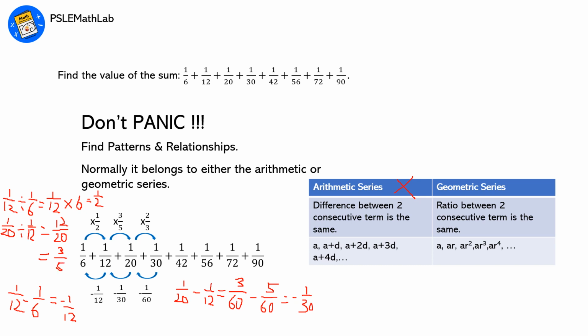So here we can see the first ratio is 1 divided by 2, and the second ratio is 3 divided by 5. So it's not a geometric series as well. So this fraction series does not belong to the arithmetic series, nor does it belong to the geometric series.